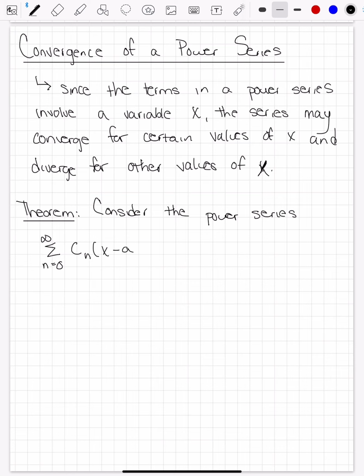So even with a 0, this is the form for a power series. Then the series satisfies exactly one of the following.